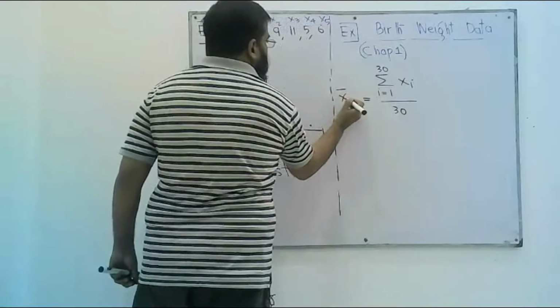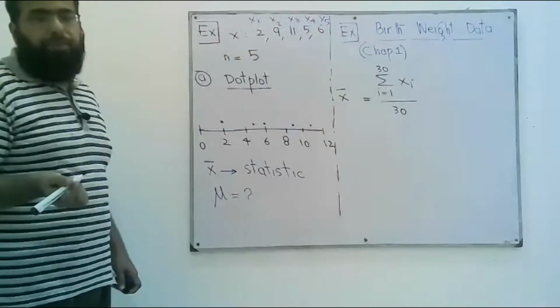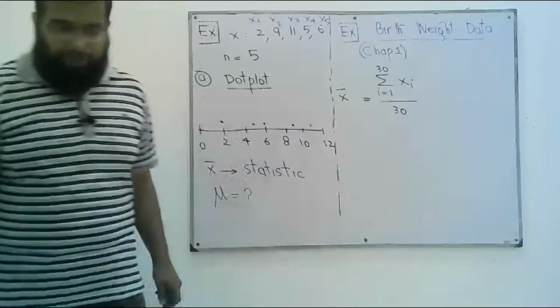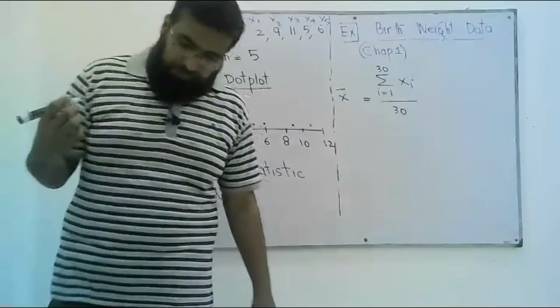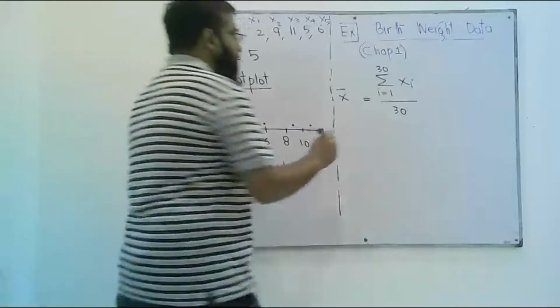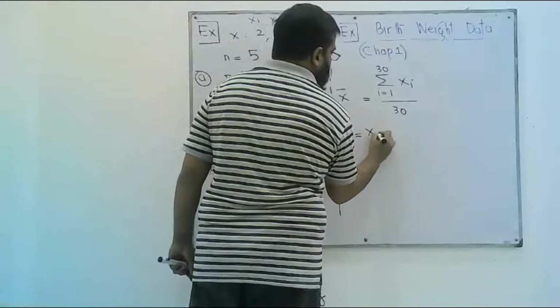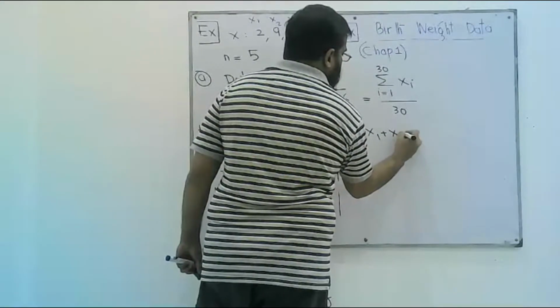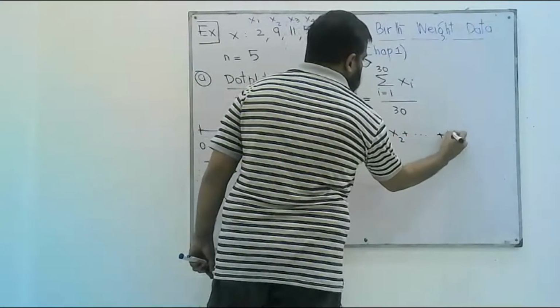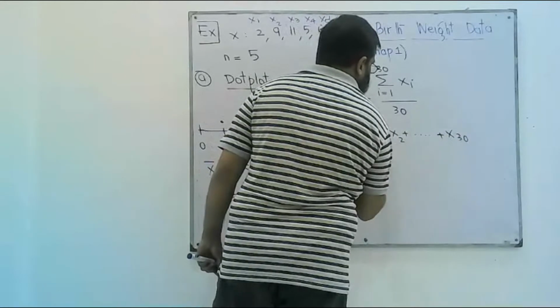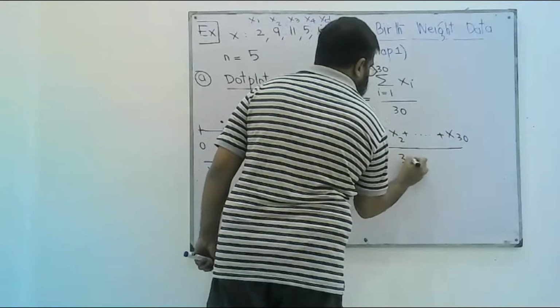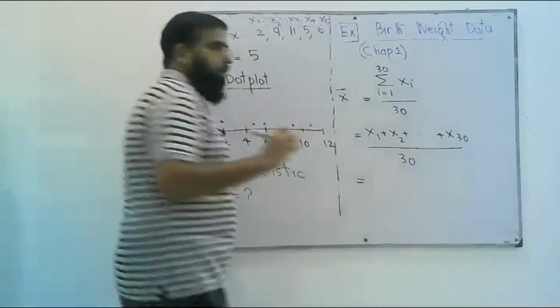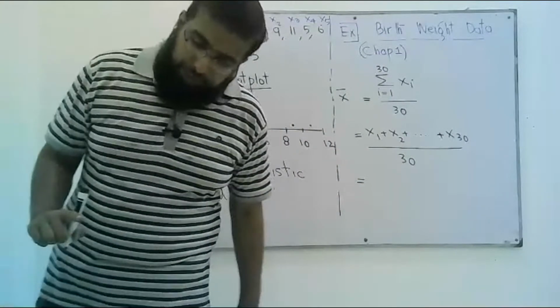This is the same formula that we use to compute mean or average in elementary classes too. So we can expand it: x1 plus x2 plus x3 up to x30 divided by 30. So you have to go to chapter number 1 and read that data out.